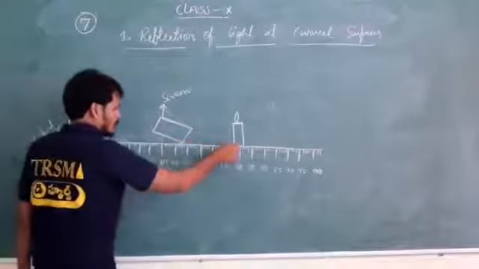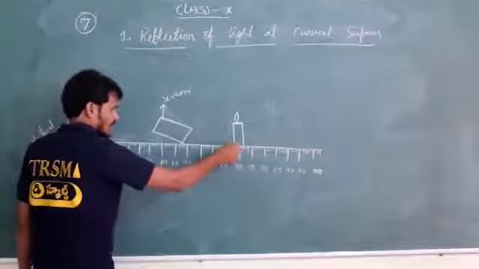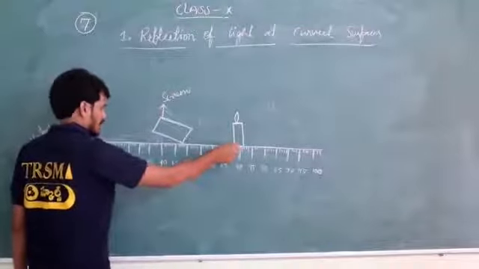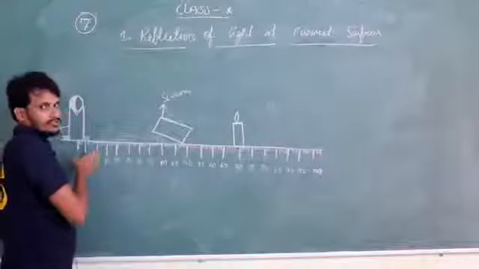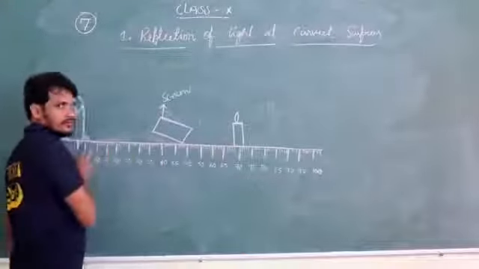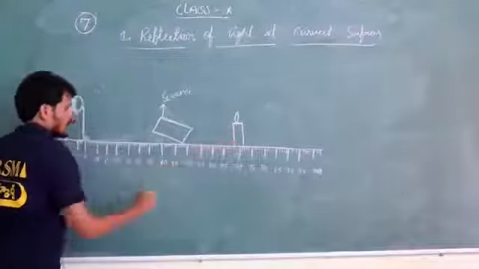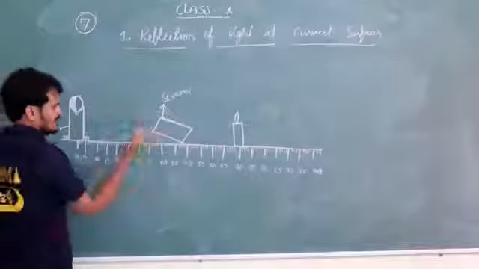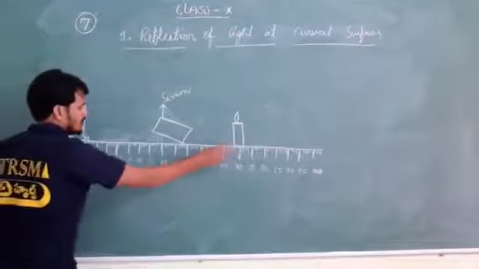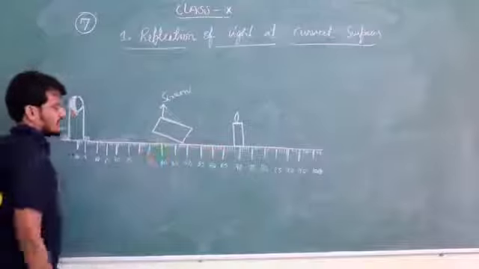Now you can move the screen from the candle towards the mirror, just moving like this. Why? Because we don't know exactly where the image forms, and that is what we are checking at all distances.